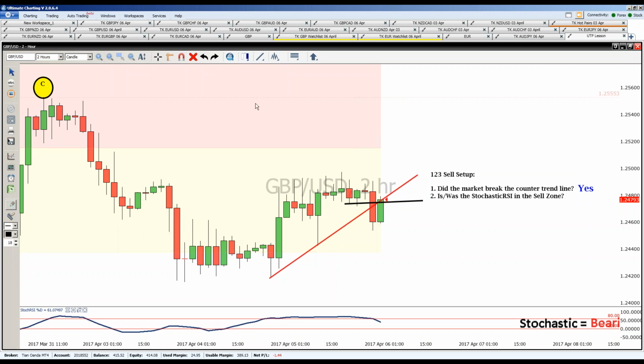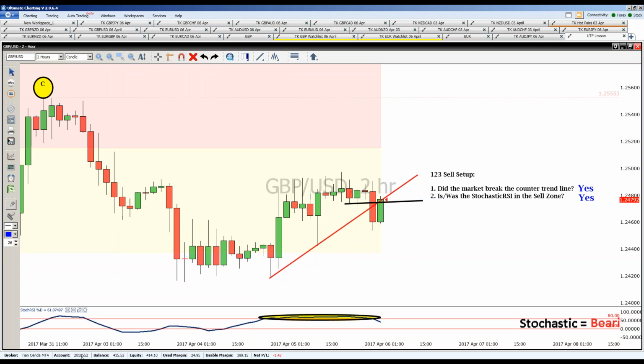Yes or no? There's our stochastic. Look at this one. When the market broke the counter trend line, was that one in the sell zone? Yes or no? Or is it at least bearish? Yes. So that's a resounding yes.